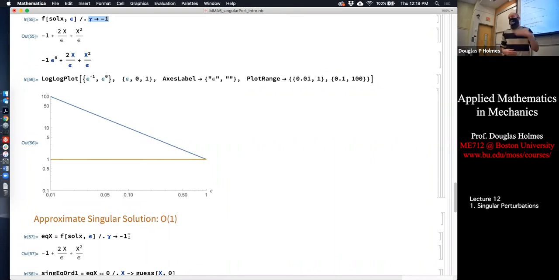It goes from epsilon to the -1 to epsilon to the 0 to epsilon to the 1 to epsilon to the 2, and it looks just like our power series, except that instead of starting at epsilon to the 0, we started at epsilon to the -1. One of the things that can get more confusing is when your gamma is actually, say, 1/2. And now your power series is going to be something like epsilon to the 1/2, epsilon to the 3/2, epsilon to the 5/2, and so on and so forth.